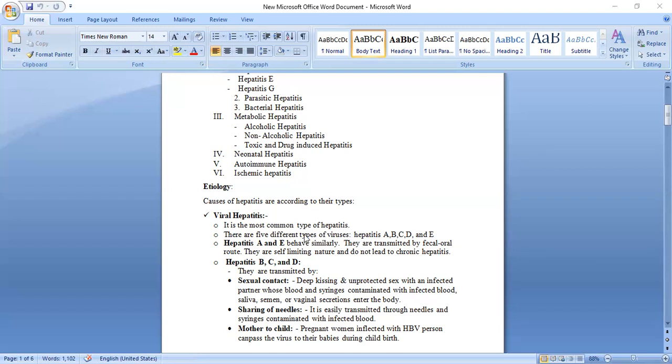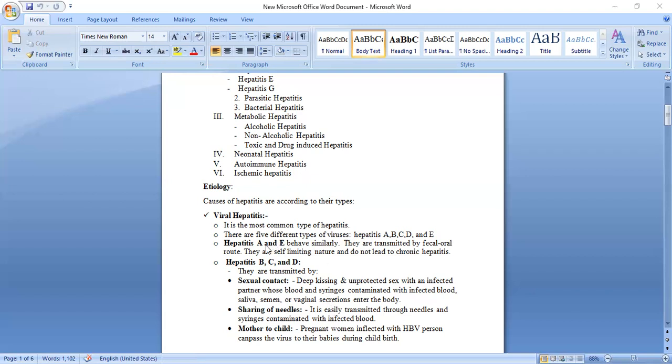We must have fresh, safe water. So hepatitis A and E are similar, and for B, C, D we will see that the causes are different.